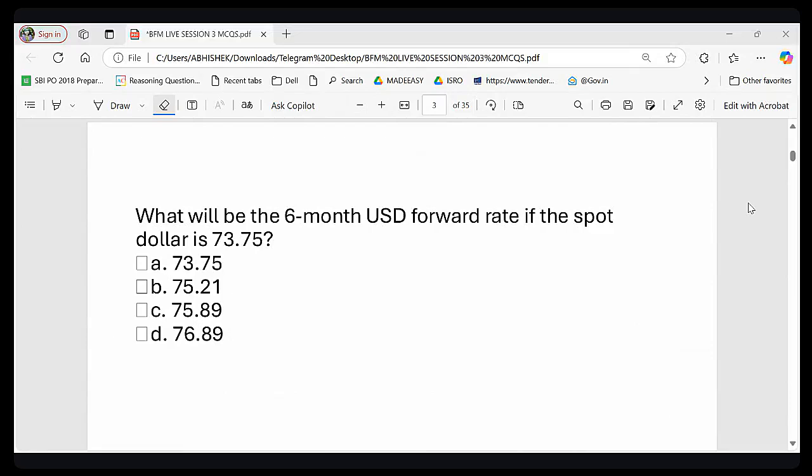While you think about the answer, let me explain what the question is asking. It is about calculating the forward rate using interest rates for USD and INR. You have to calculate the forward rate, right?